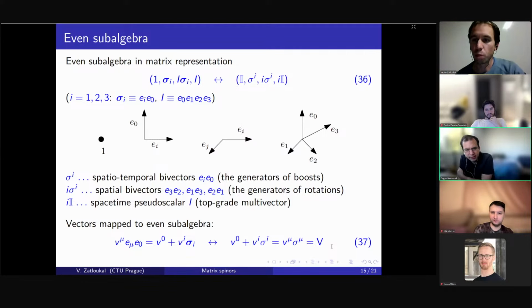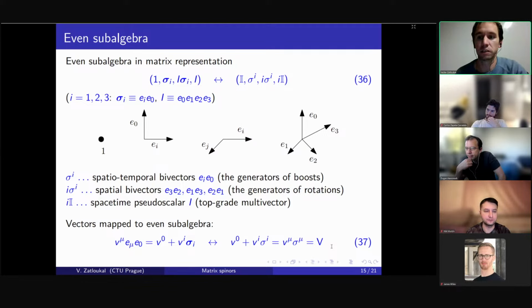Ask a question. Okay, so this is all in the context of mixed signature, Minkowski space. Yeah, this is Minkowski space with mixed signature, for concreteness and for our purposes, to discuss spinors in space-time. But geometric algebra can be done in any dimension, any signature, and it very nicely generalizes. But this representation by 2 by 2 matrices is for space-time and for the even subalgebra.